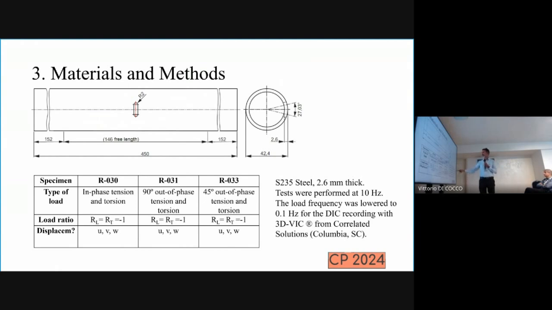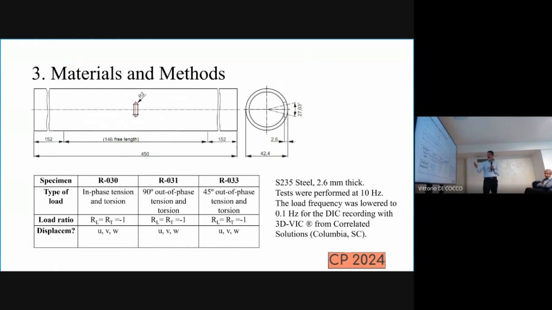The tests were subjected in a biaxial machine to in-phase tension and torsion, 90 degrees out-of-phase tension and torsion, and 45 degrees out-of-phase tension and torsion. In all cases, the load ratio, the axial and the torsional ratio, was -1, fully reversed. And in all three cases, with more or less degree, all samples show the mode 3 displacement fields.